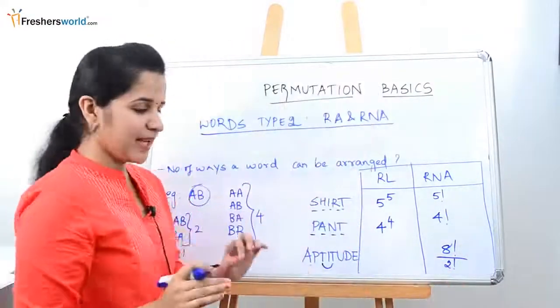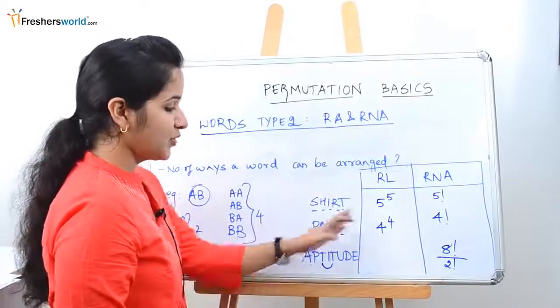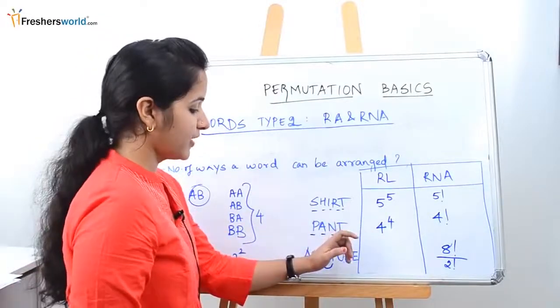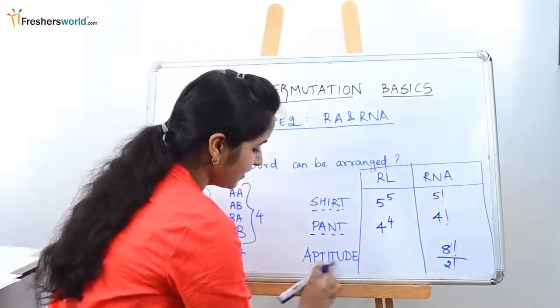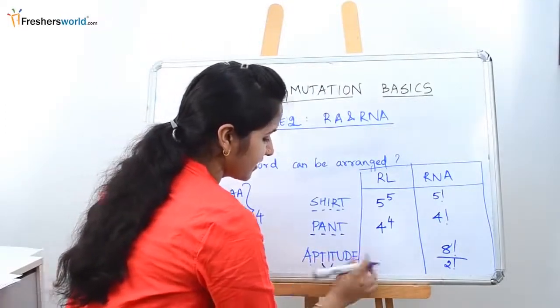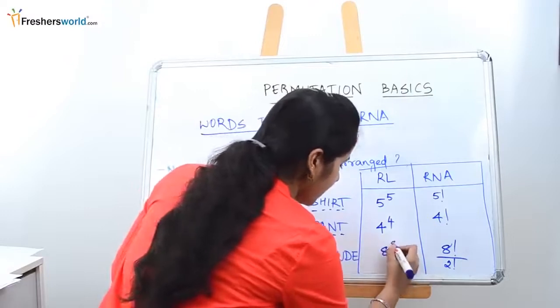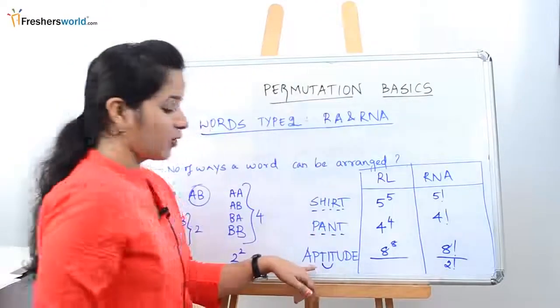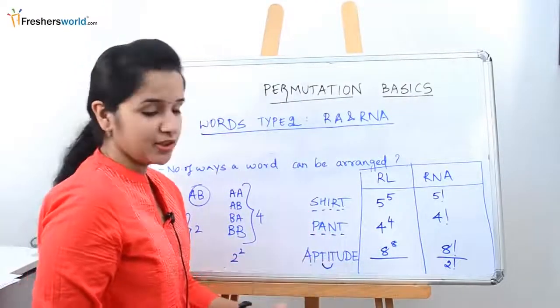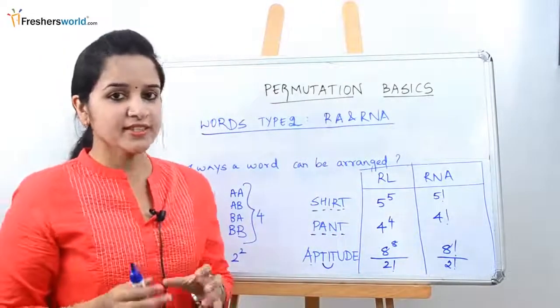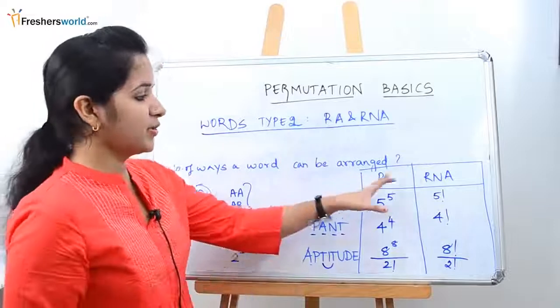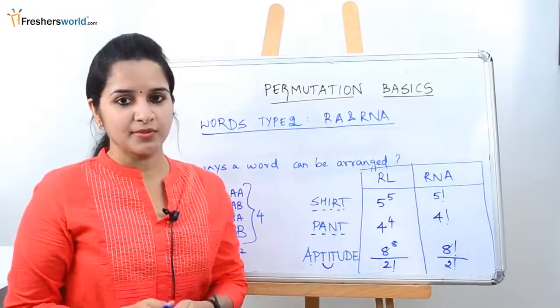Here, 8 power 8 divided by what is repeated here? T is repeated twice, so 2 factorial. This is the way repetition allowed and repetition not allowed type of sums come.